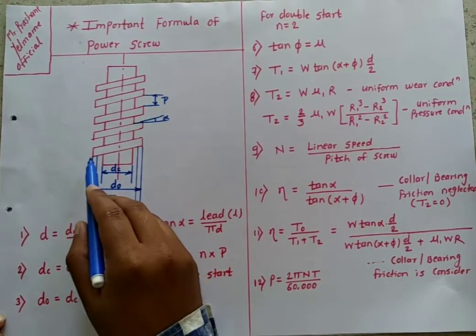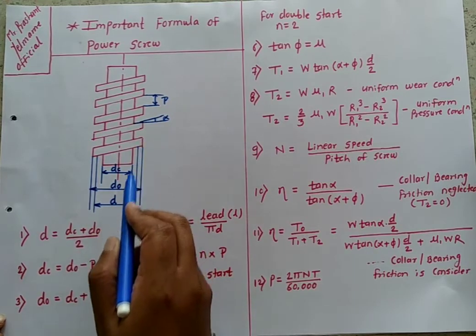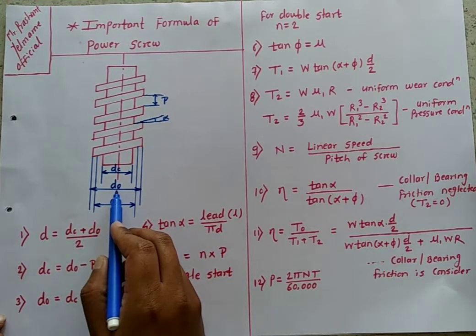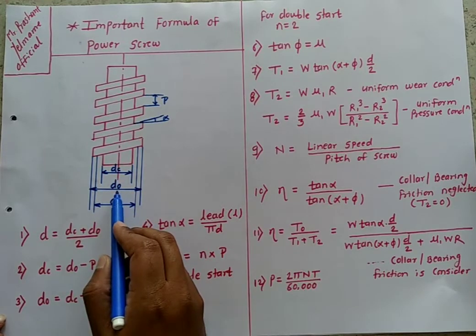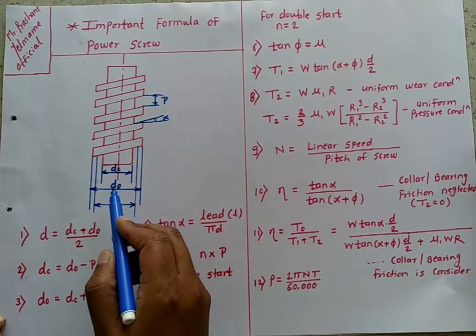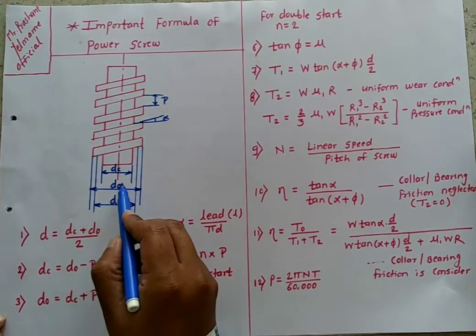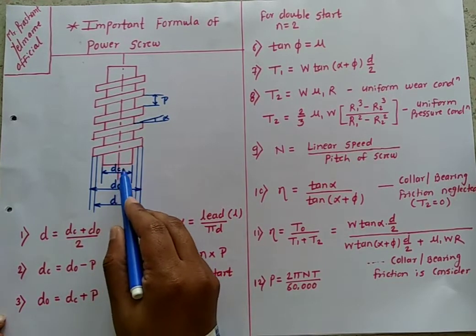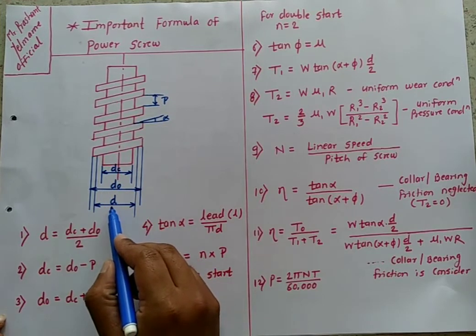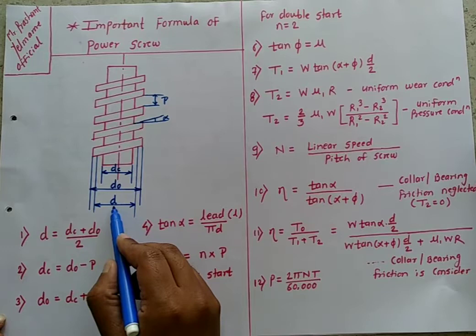Then the largest diameter is represented by Do, small do. Do is indicated by nominal diameter. Then this D is the average of nominal diameter and core diameter. Then this diameter represents the main diameter, indicated by small d.